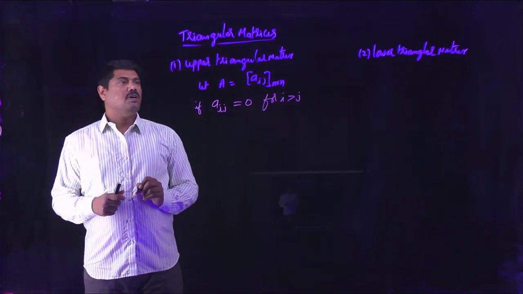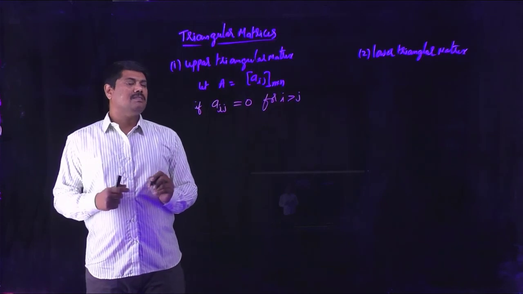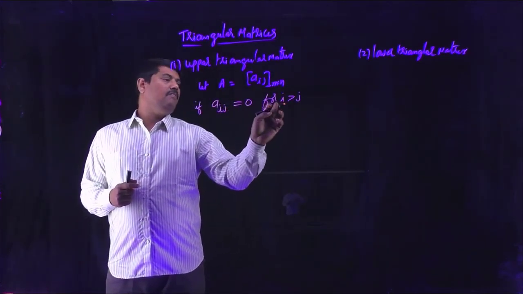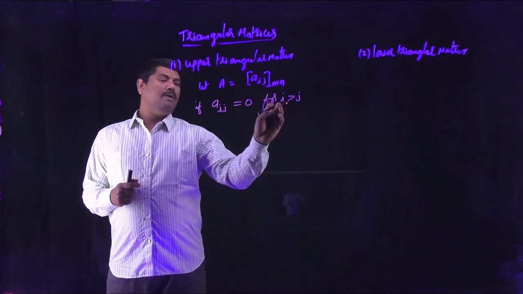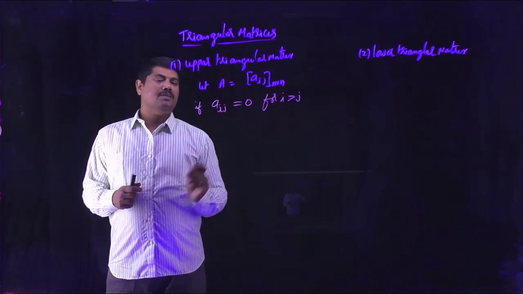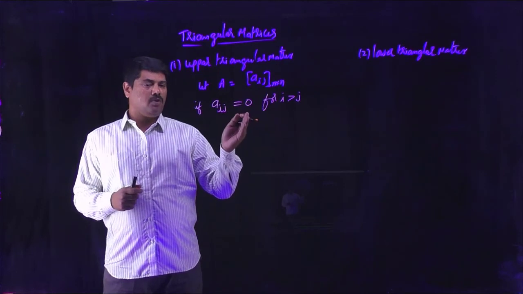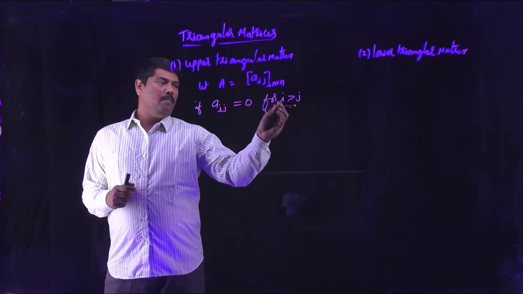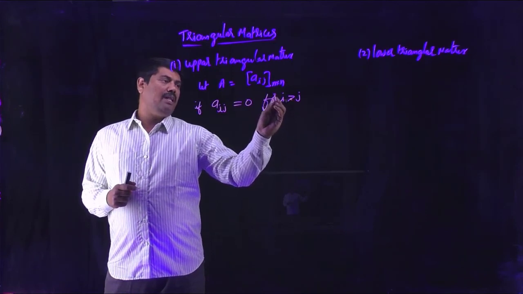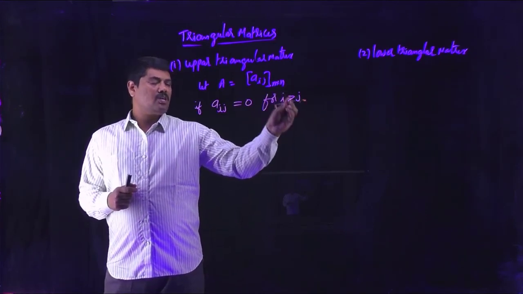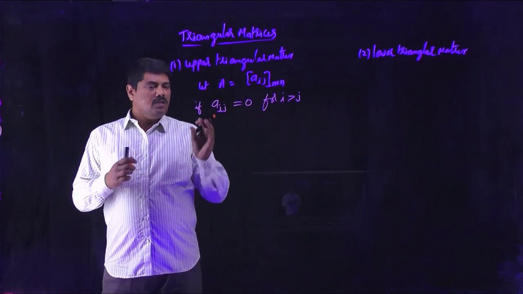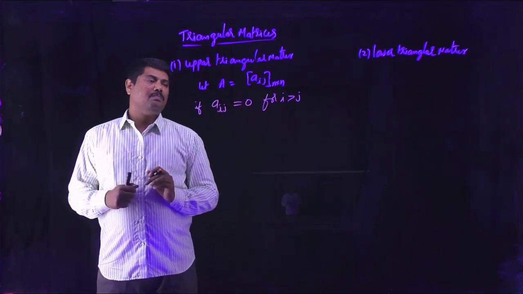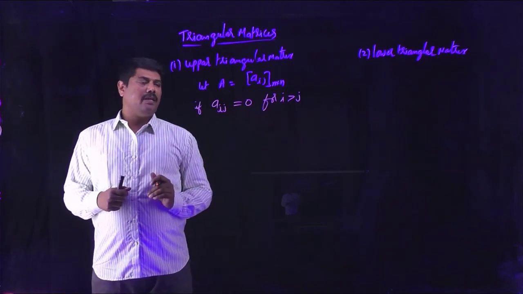So the definition of an upper triangular matrix is that the elements whose row number is greater than their column number are 0. Generally we use i for row indication and j for column indication. If the elements whose row number is greater than the column number are 0, then the matrix obtained is said to be an upper triangular matrix.